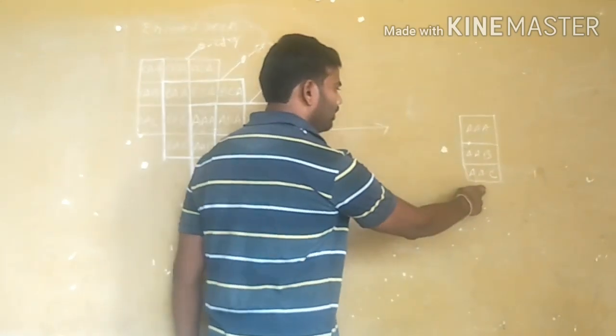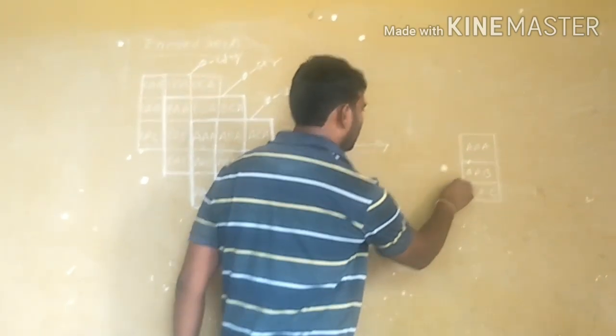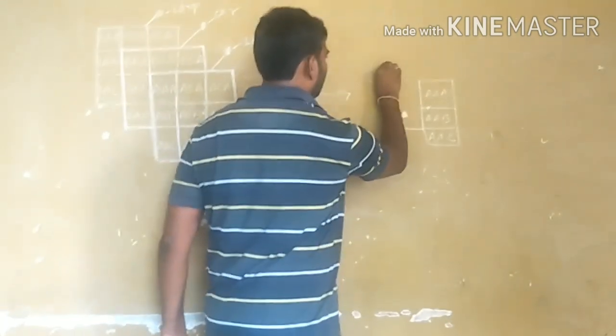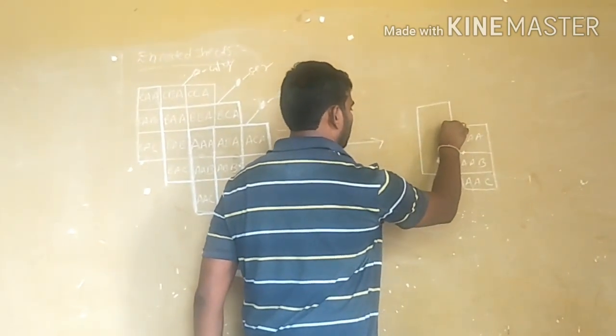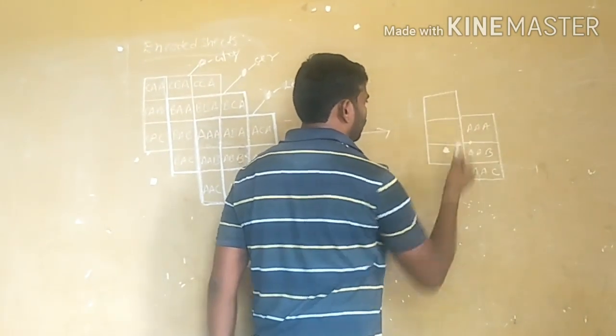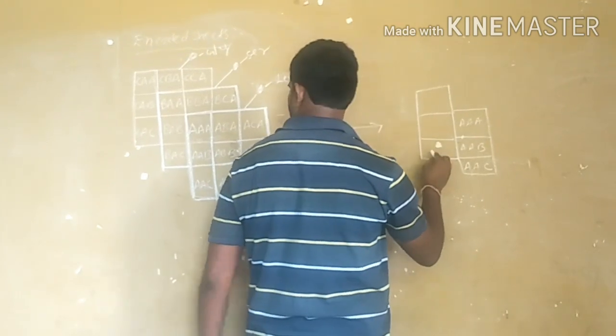This is the top sheet, first column, then the middle sheet, first column. The middle sheet is what?